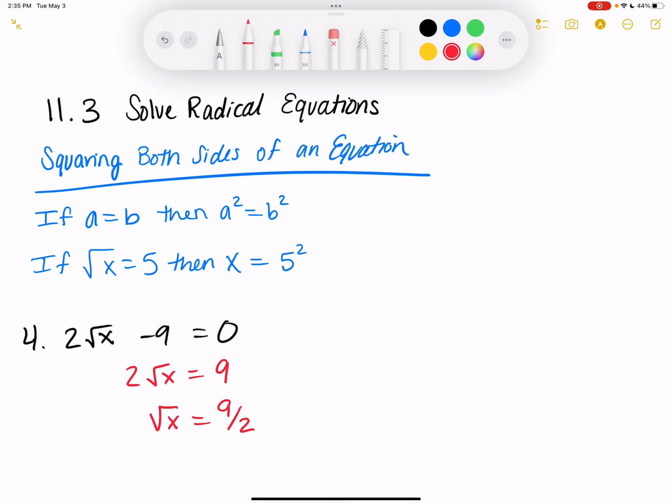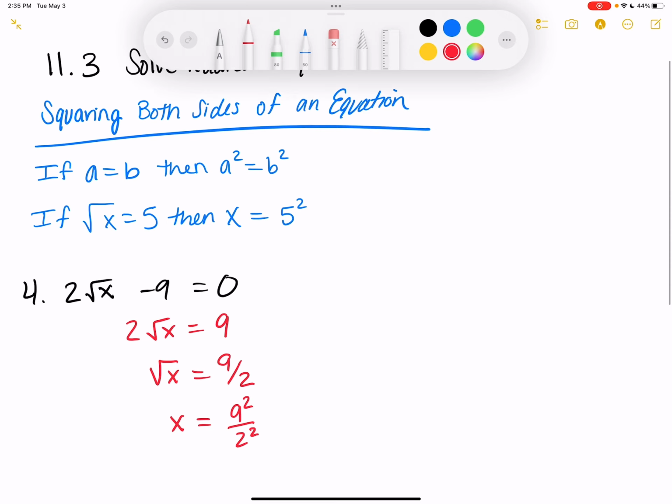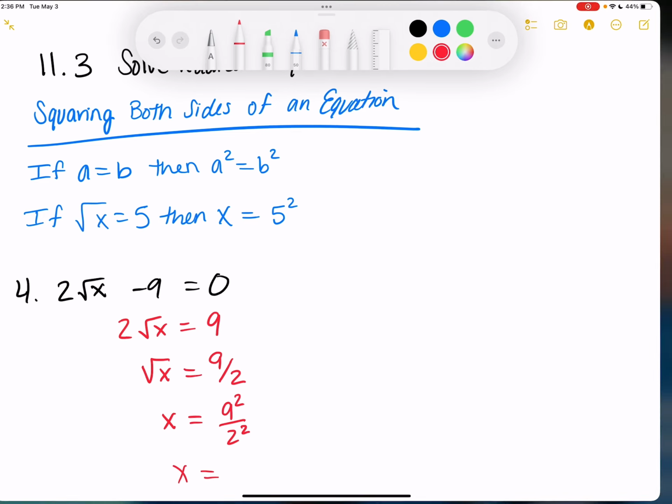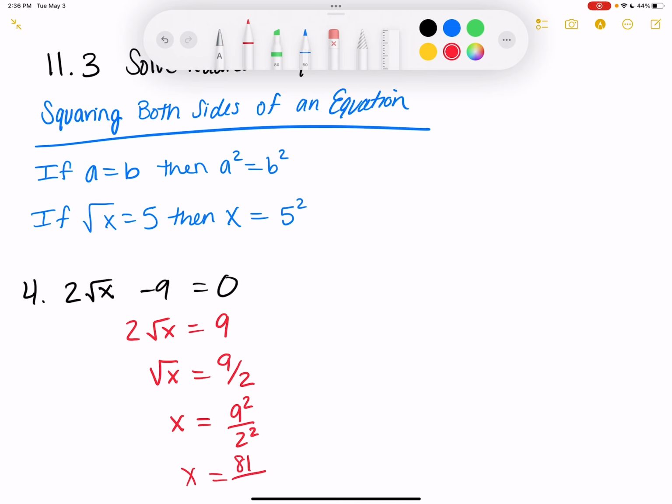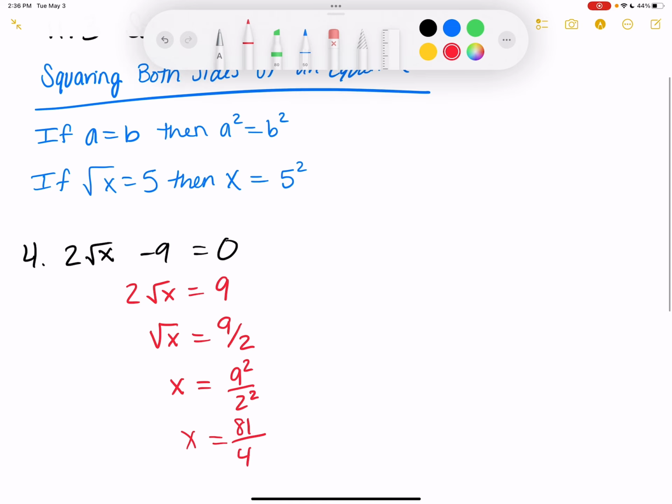I can do that. So if I square the square root of x, that's going to leave me with an x. And then this is equal to 9 squared over 2 squared. What is 9 squared? Not square root, squared. 81. 2 squared. So my answer is 81 over 4.